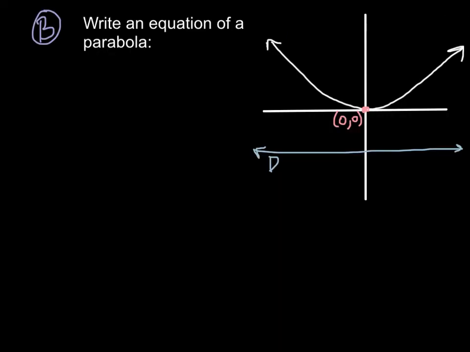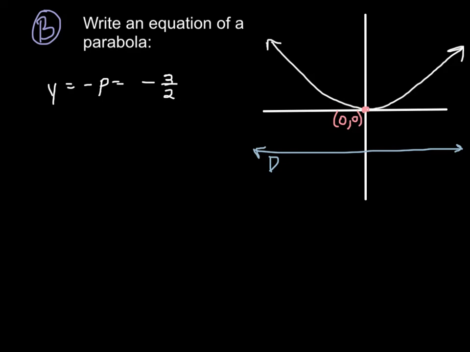So now we're going to be doing the opposite. Instead of drawing a parabola based on a given equation, we're going to be writing an equation of a given parabola. So the graph shows that our vertex is at 0, 0, and our directrix is y equals negative p. So therefore, y equals negative p, which is negative 3 over 2.